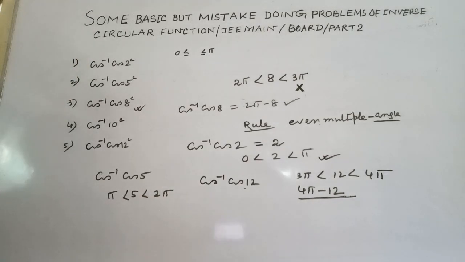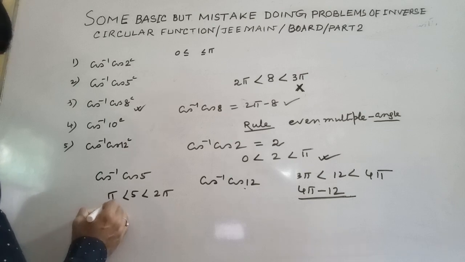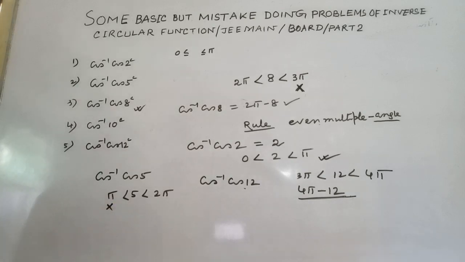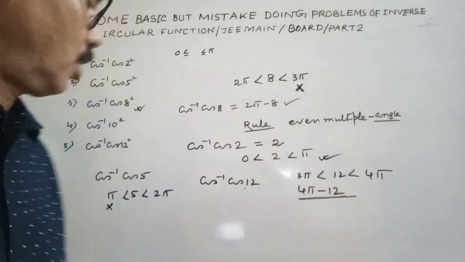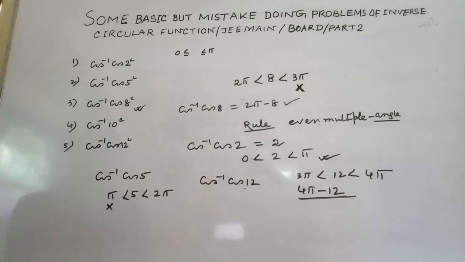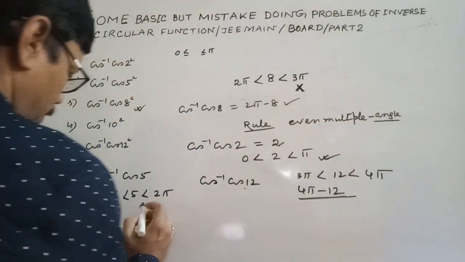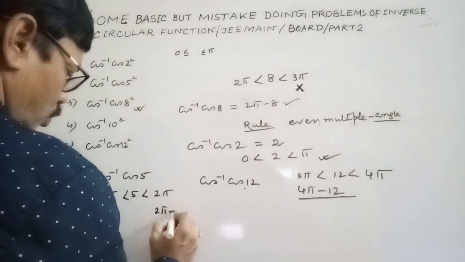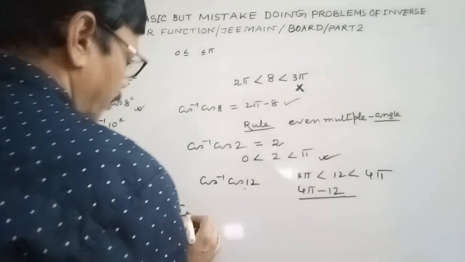So now this one is odd. So cancel this part. What is our answer? Even multiple minus angle. So 2 pi minus 5.